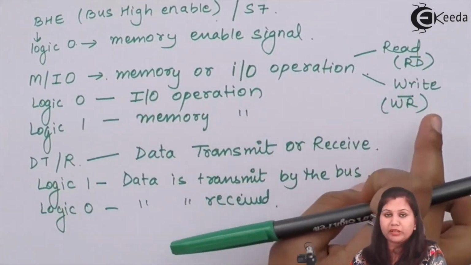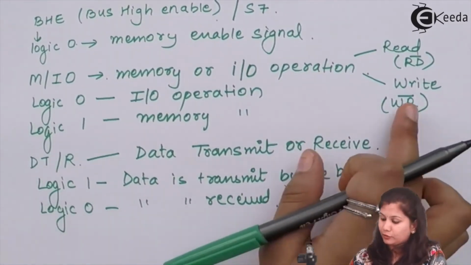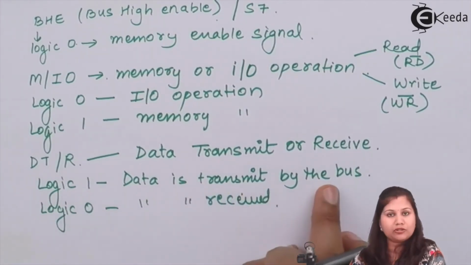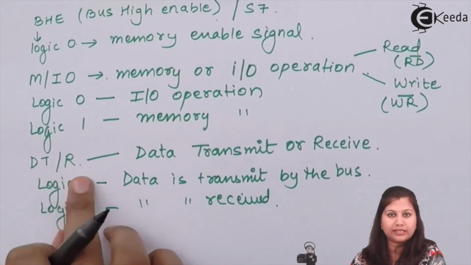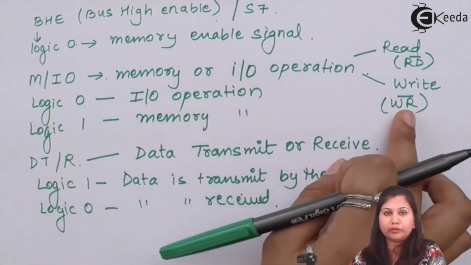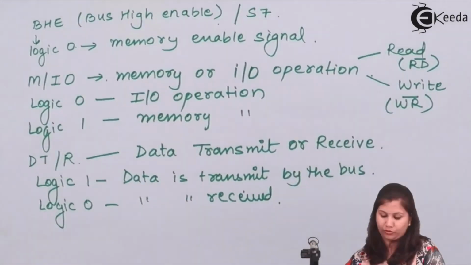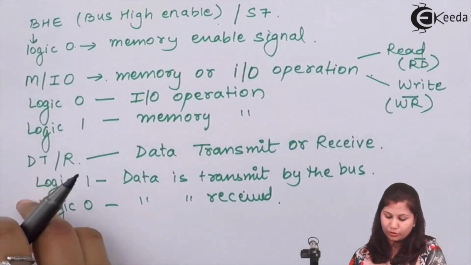When the data is to be written on an output device, at that time data is going to be transmitted by the bus. So this DT/R line will be at logic 1 for the memory or input output write operation. So these are a few of the control signals.